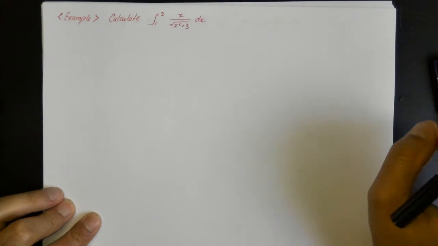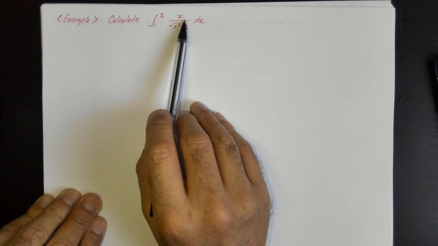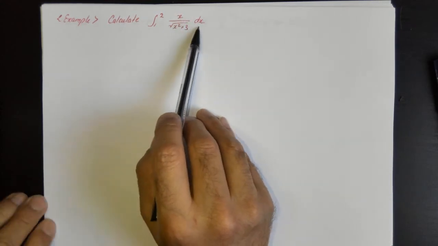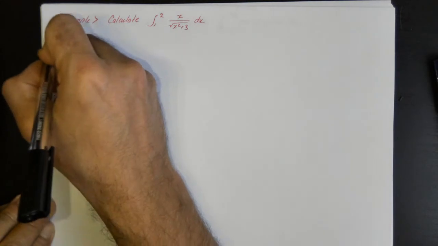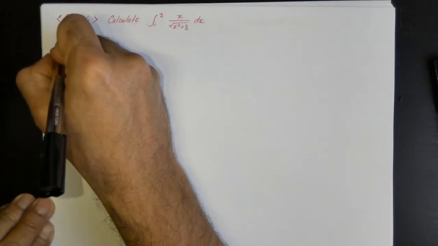Okay. So we want to calculate the integral between 1 to 2 of x over the square root of x squared plus 3 dx. Usually what we're going to do is replace this inside bit on the denominator as u.